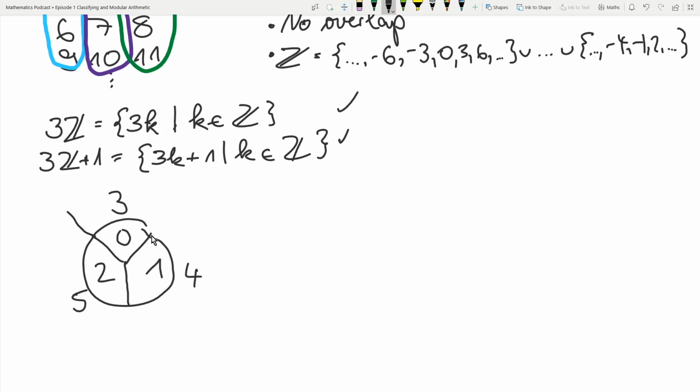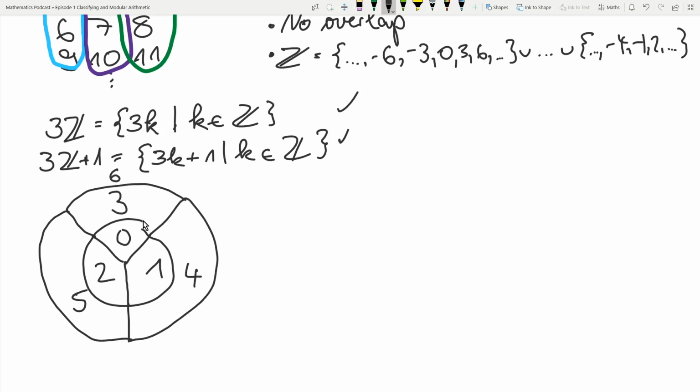So we can extend this. I didn't quite think this through. We can continue with 6, 7, 8, and so on and so forth. So you can go round and round like a spiral. This is getting messy. Alright, let's not do this.